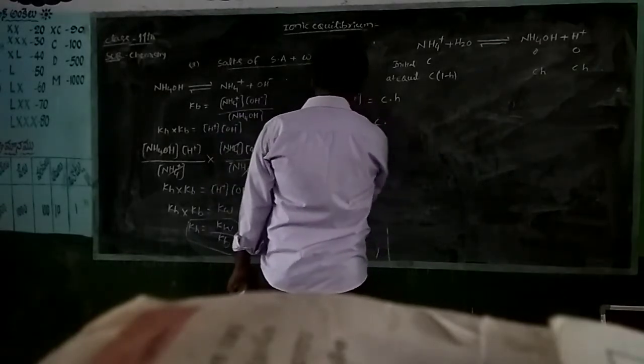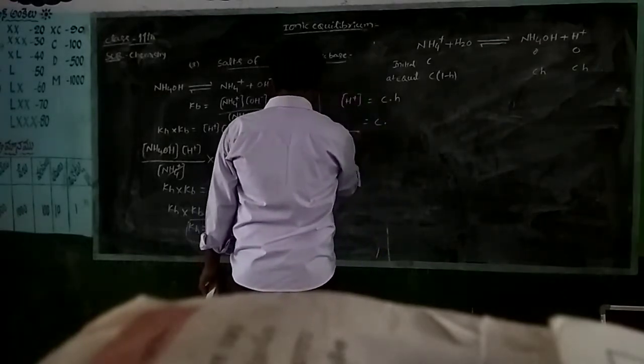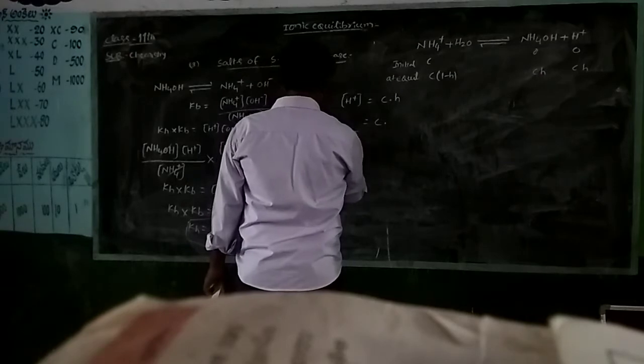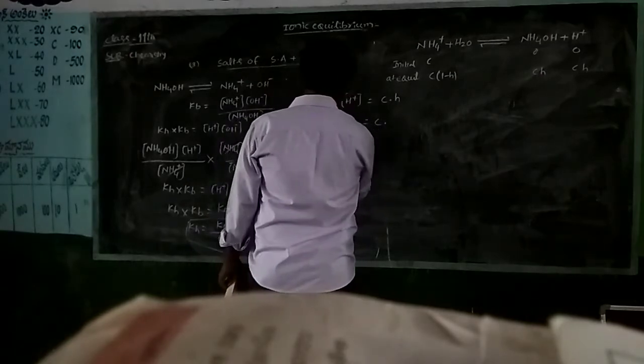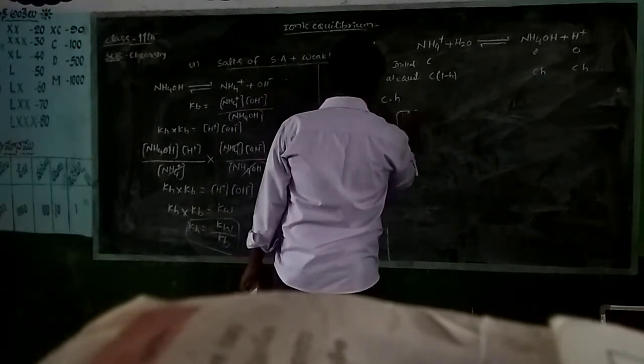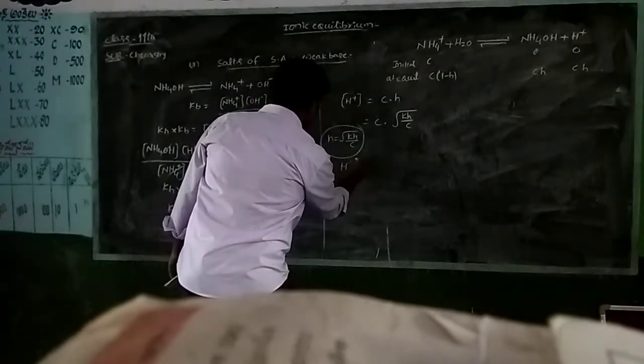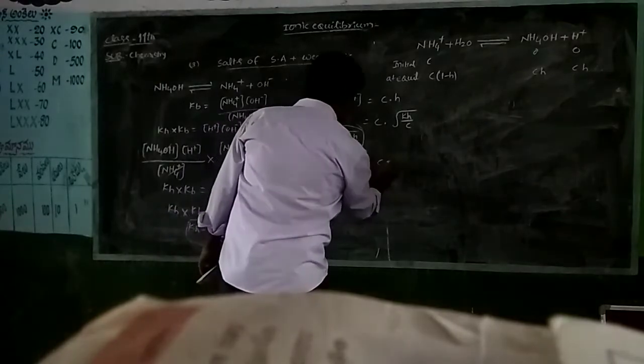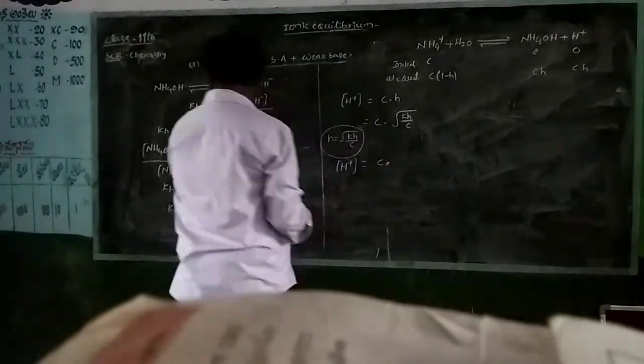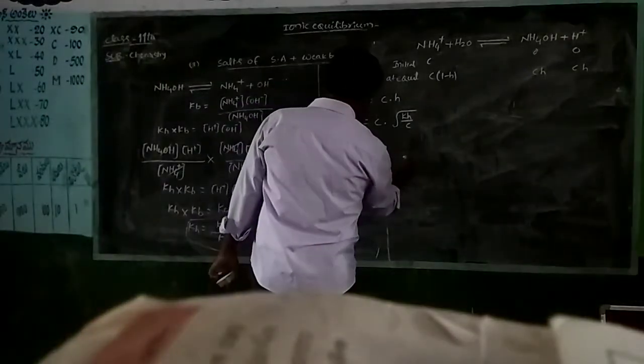h is equal to what? Root Kh by C. Suppose H plus concentration is equal to C into root Kh by C, is equal to what?